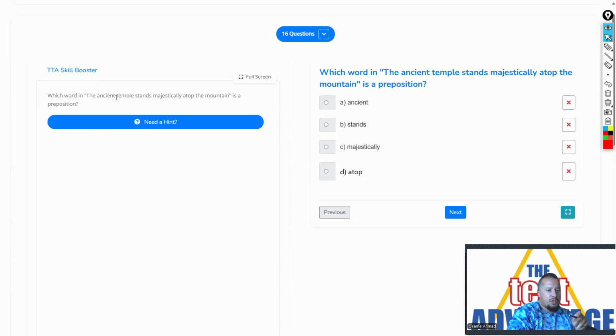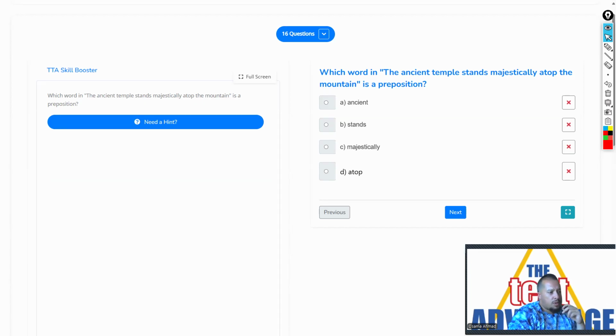Read the question. The ancient temple stands majestically atop the mountain. Where is the preposition? Where is the preposition? Okay, Marco, good. So you have to remember what a preposition is, right?